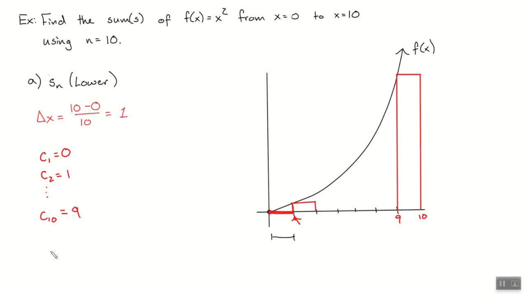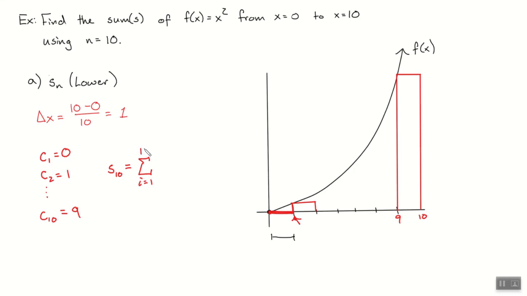Let's actually write out the sum then. We're trying to add the lower sum, S sub what number? How many intervals? Somebody said it. Good. S sub 10. So let's write these things out. This is the sum from i equals 1 to how far?